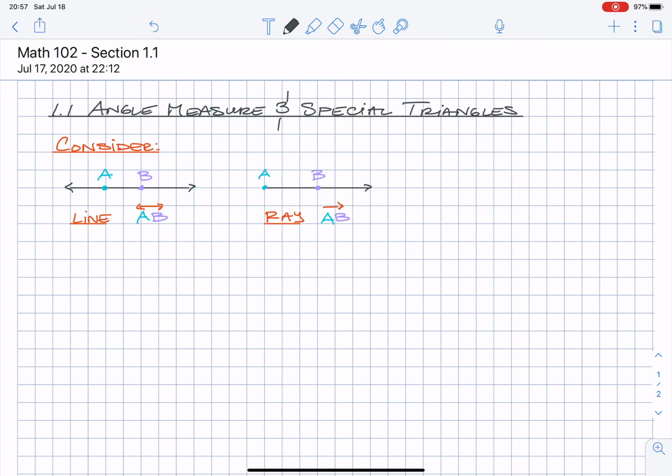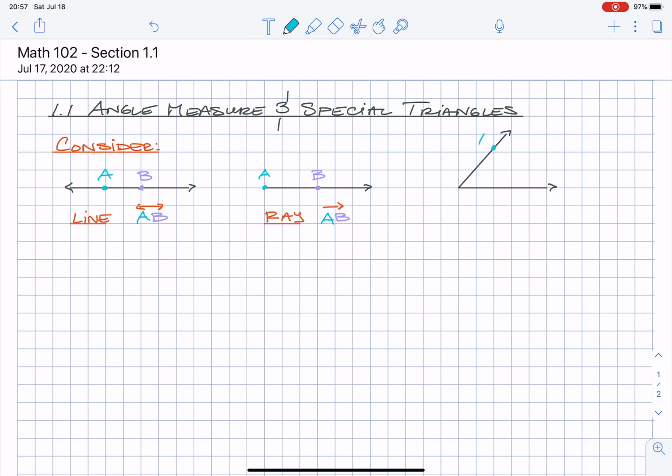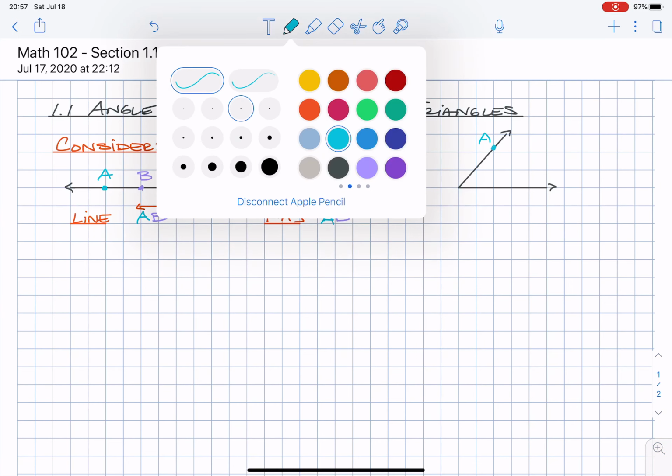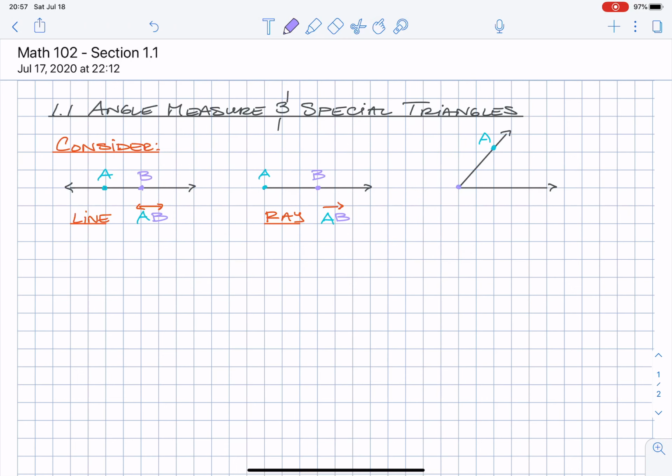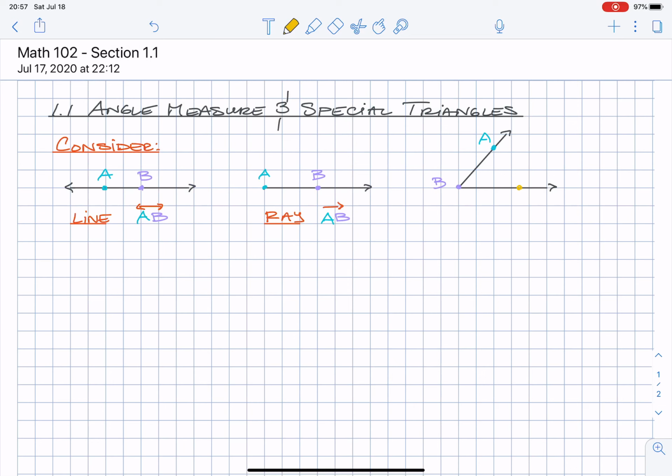And now let's consider two rays, one down here on the horizon and another up a bit. They meet at a point. Let A be up here, then B at the corner here, and then C down here.